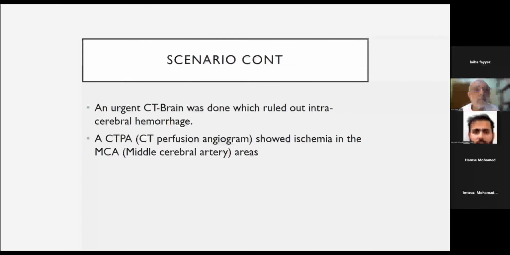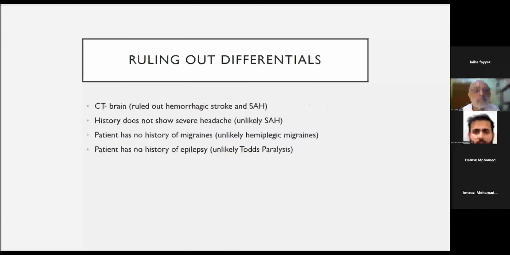The scenario further continues like an urgent CT brain was done, which ruled out intracerebral hemorrhage. A CTPA, CT perfusion angiogram, showed ischemia in the MCA territory. And for the ruling out differentials part, I'm going to ask them, now that the CT brain has been done, it is going to rule out hemorrhagic stroke and subarachnoid hemorrhage.